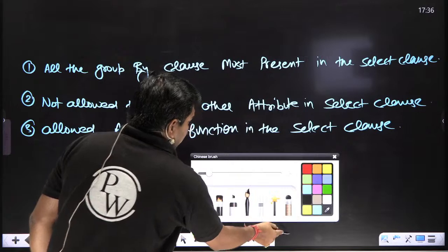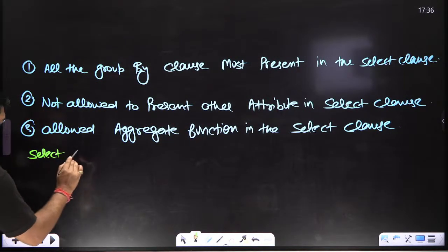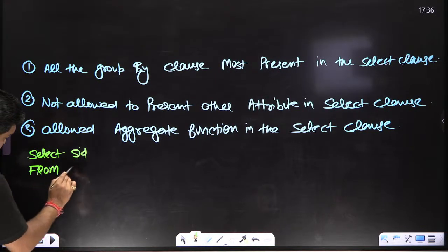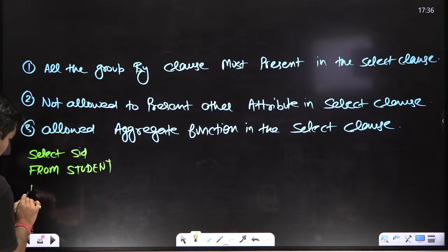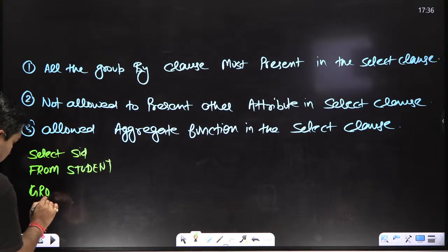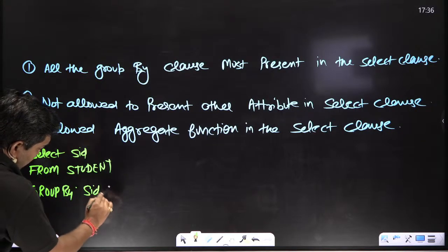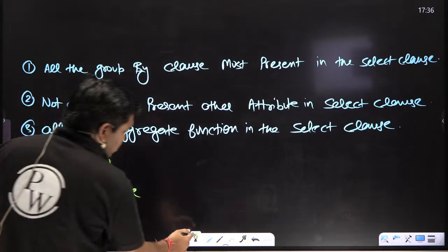For example, if I am selecting SID from student, please keep patience, group by SID, S name. Tell me this one is correct or wrong.